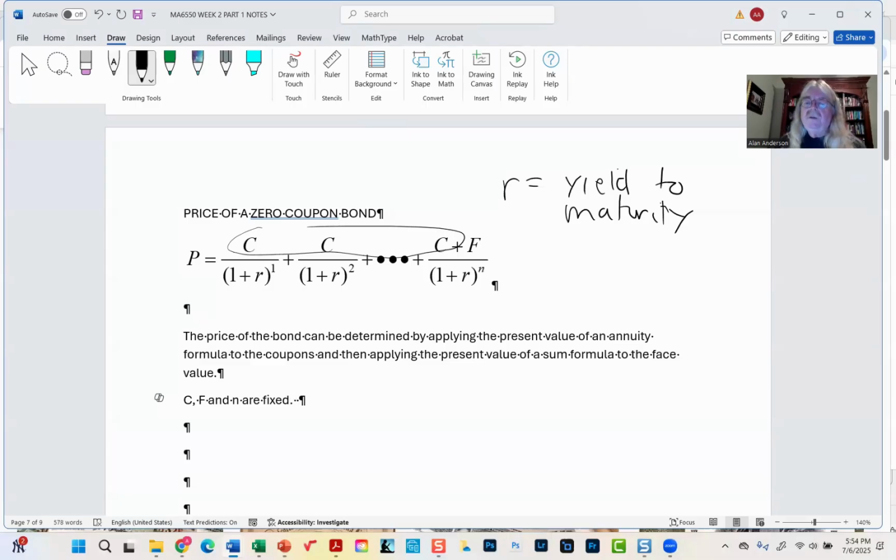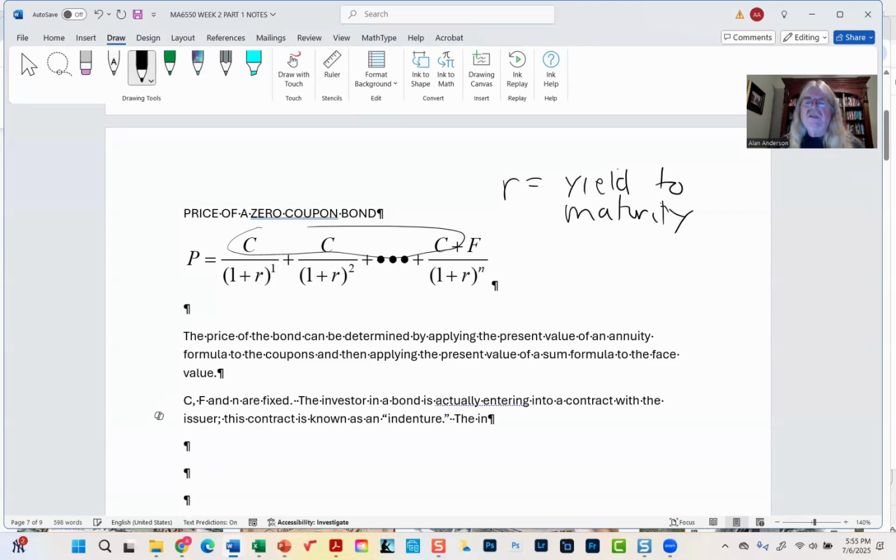Now, by the way, when you do buy a bond, the investor in a bond is actually entering into a contract with the issuer. This contract is known as an indenture.